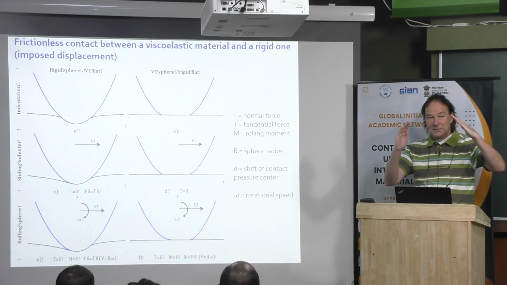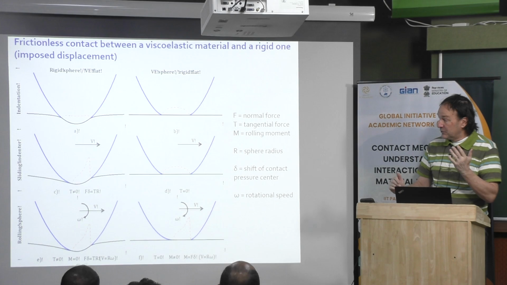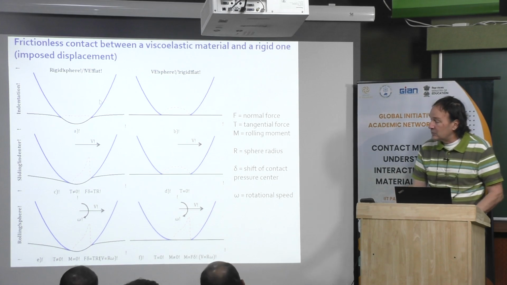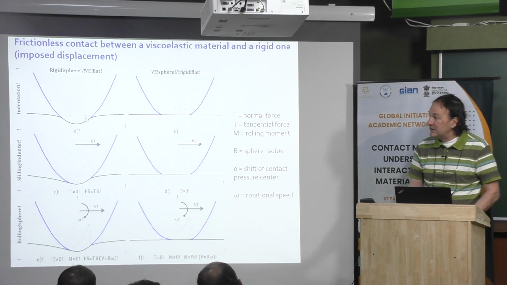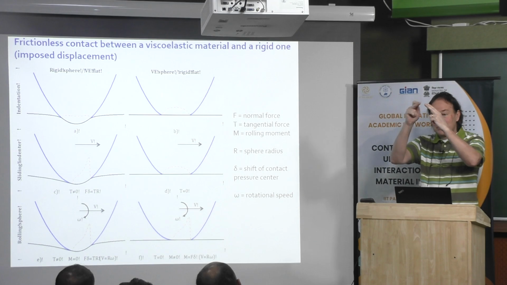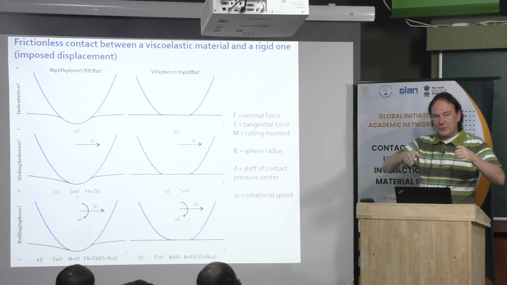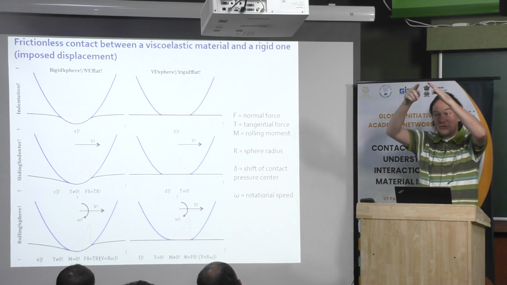Then it is inclined. Only in the center it's vertical. And because the top surface is rigid here, all the pressure arrows go to the center of the sphere. Then you can plot them like that. They are all going to the same point.